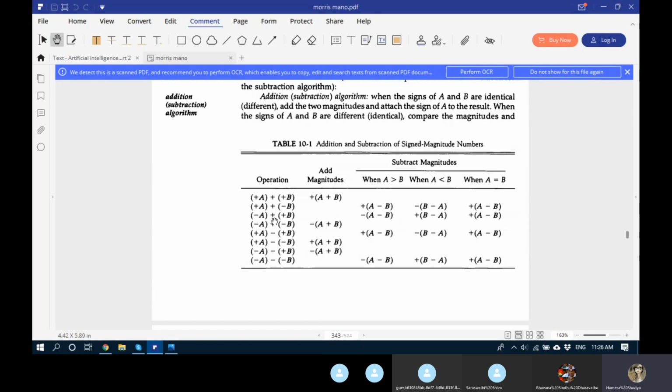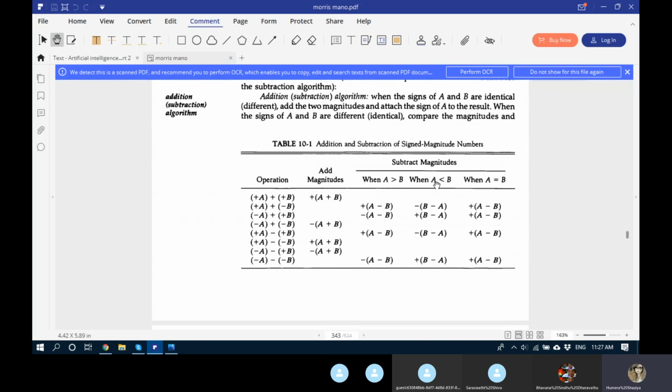When an addition operation is performed between two operands where one of them is negative, the sign of the result depends on which one is greater. When A is greater than B, then the result is negative.